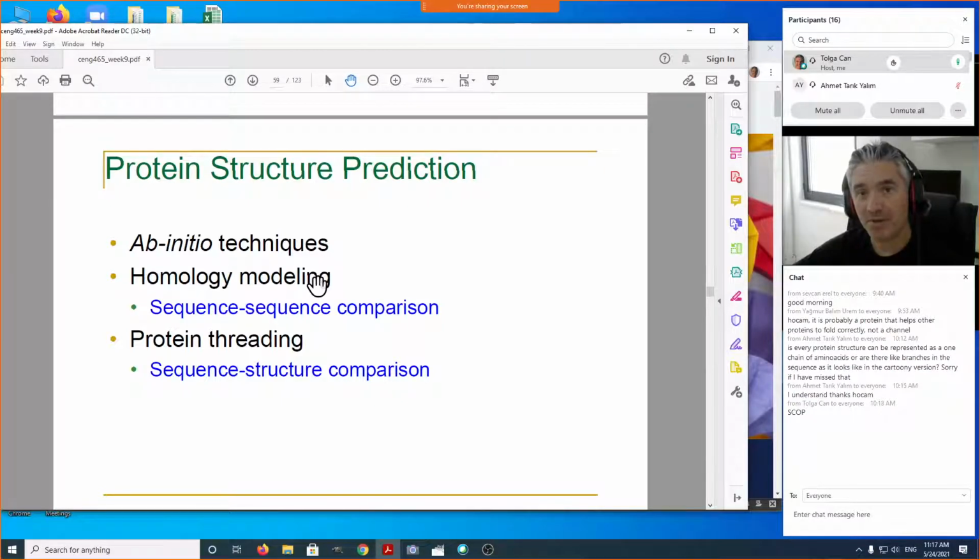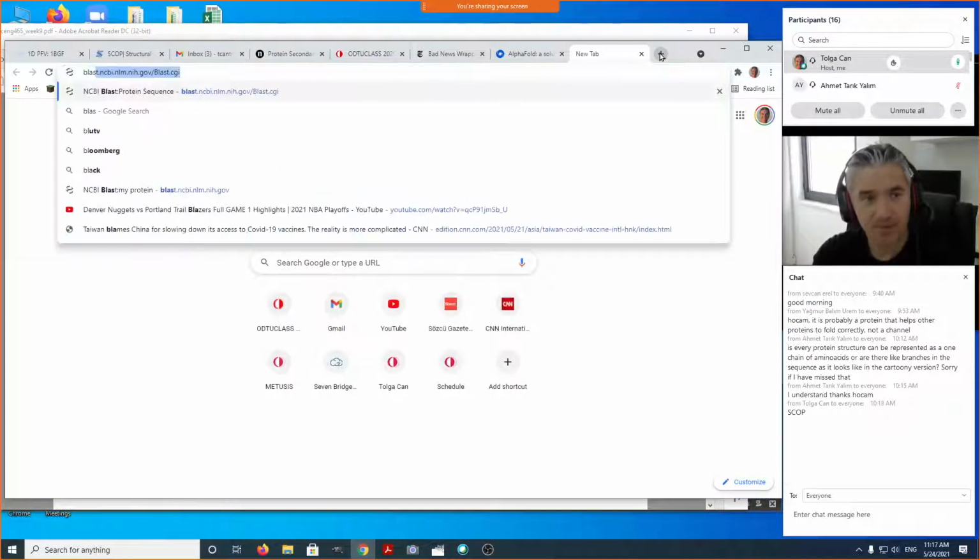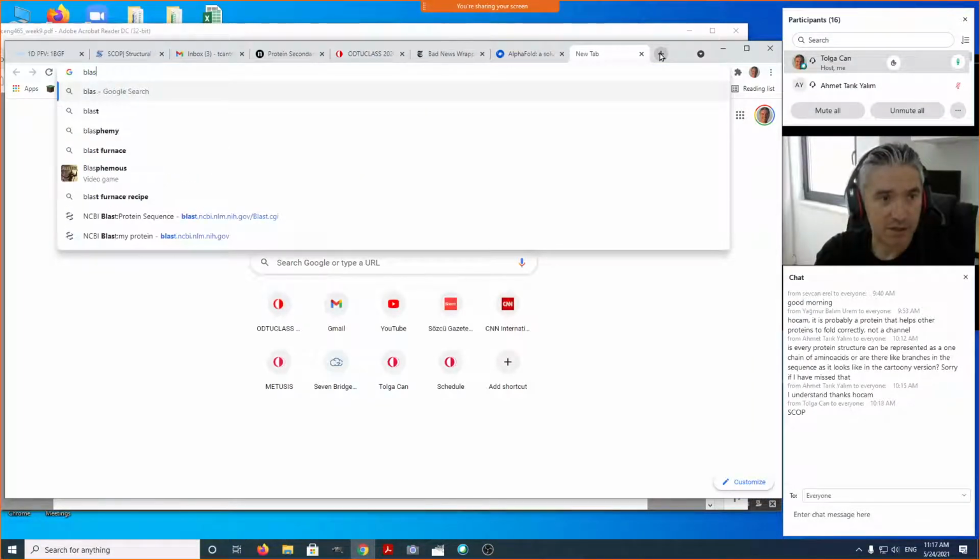If, for example, you have a new protein sequence, but it shows sequence similarity to a protein sequence that is already in the PDB, protein data bank, which means you first do a sequence comparison, and you can do that in BLAST, right? If you go to BLAST, yeah, it's right here.